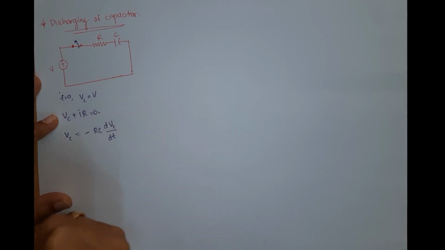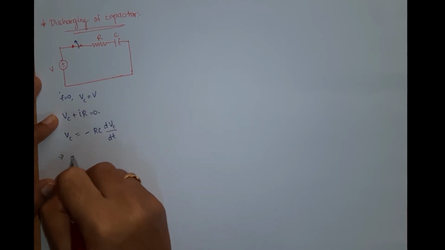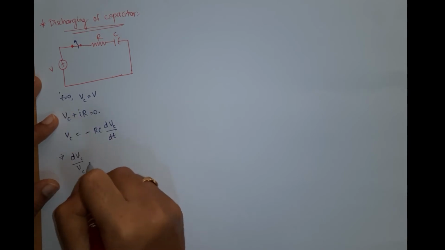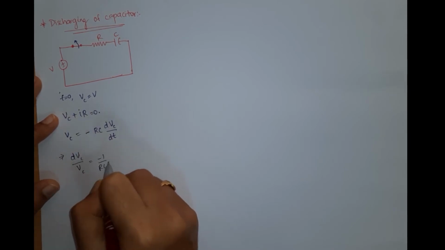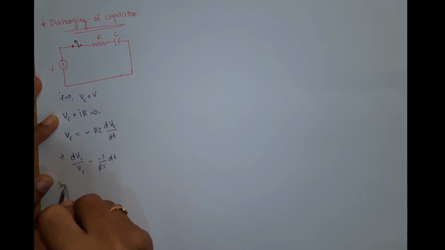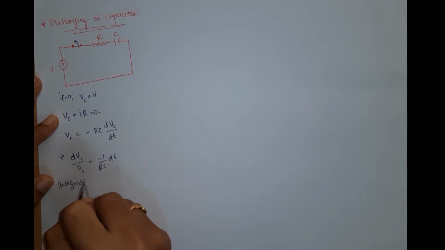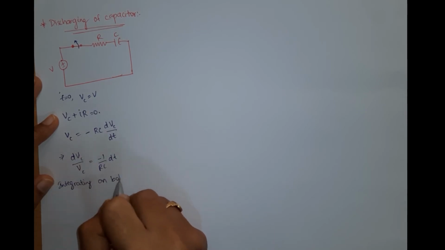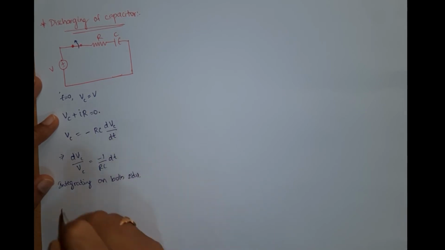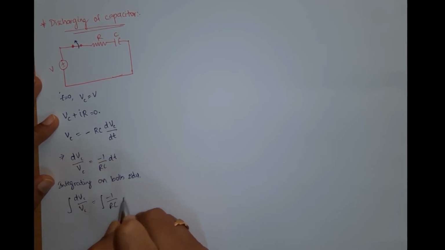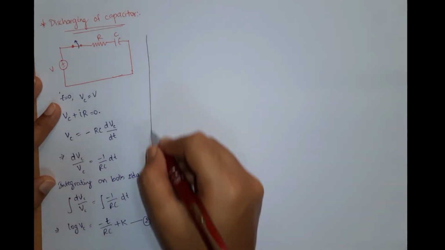So this comes like dVc by Vc equals minus 1 by RC dt. Now integrating on both sides, integral of dVc by Vc equals integral of minus 1 by RC dt, which gives log Vc equals minus t by RC plus k. Let me take it as equation number 2.